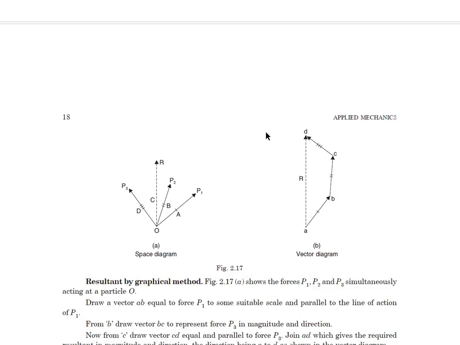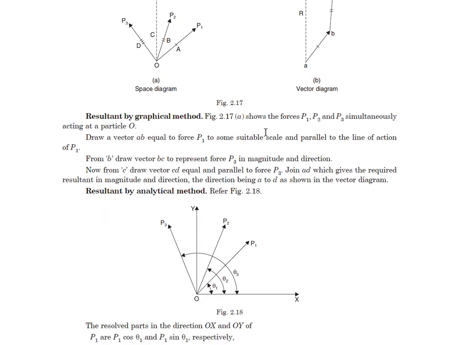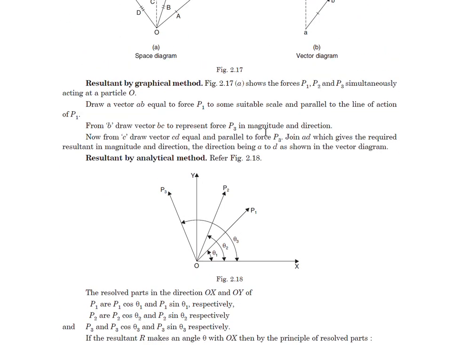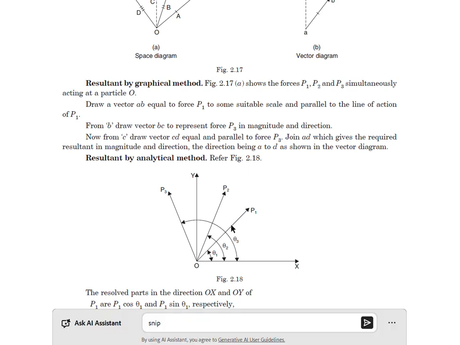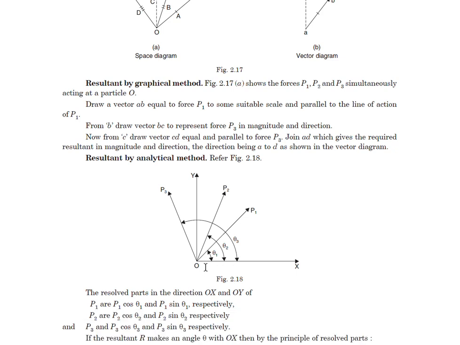So as we discussed previously also, we can find the components of all the forces in the horizontal direction and in the vertical direction, and sum these up, horizontal components separately and vertical components separately.